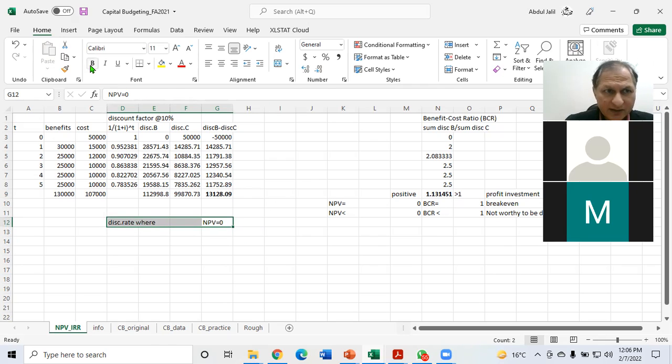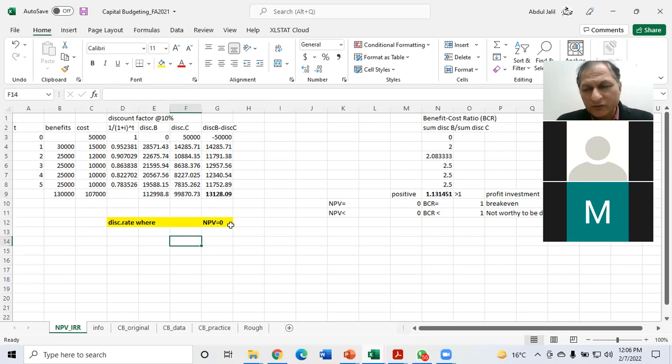That will be considered the internal rate of return, right? So the internal rate of return can be explained this way: it is the rate of return at which the net present value is equal to 0, or all the benefits are equal to all the costs.